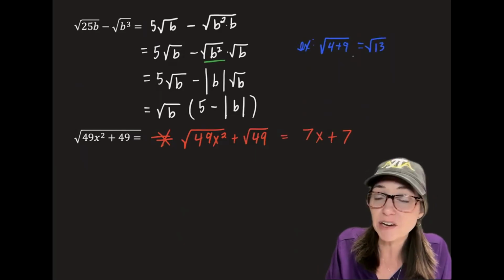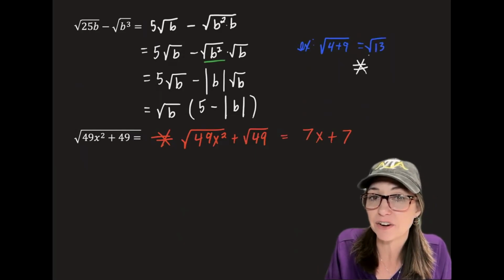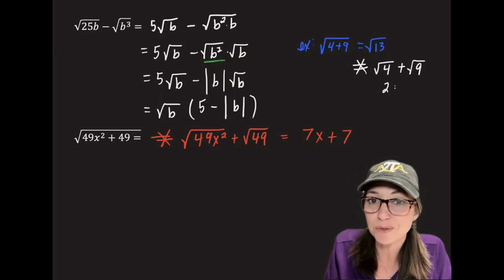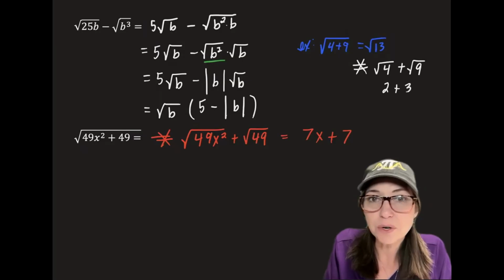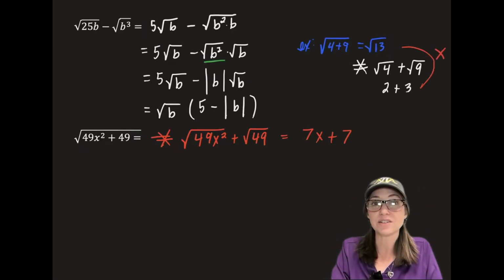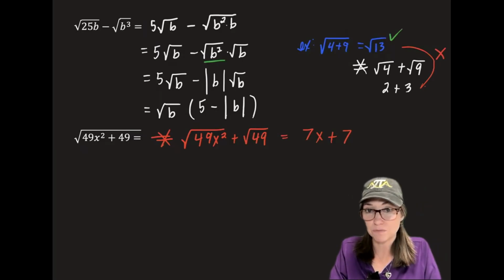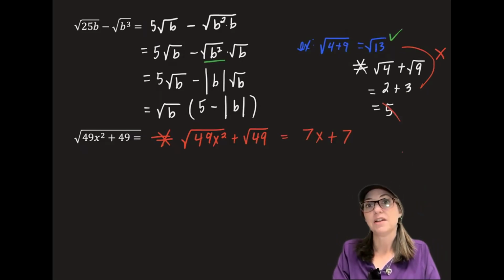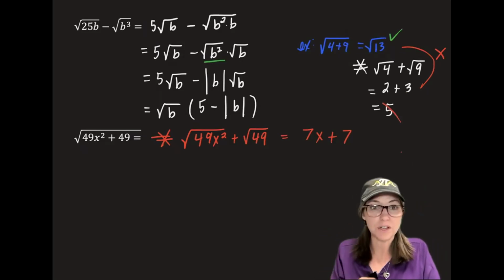But if you did it incorrectly and said, well, let's split that up into square root of 4 plus the square root of 9, well, hey, square root of 4 is 2, square root of 9 is 3. Those are not equal to each other. The correct answer is square root of 13, okay? The incorrect answer is 5. That's not right, okay? So just be careful, do not split the square root over a sum.